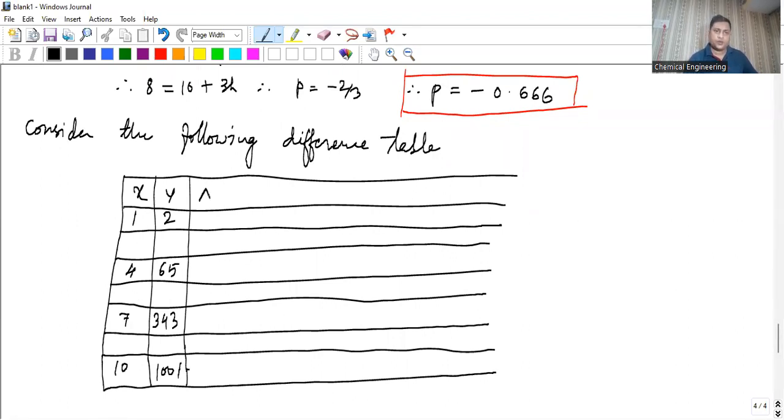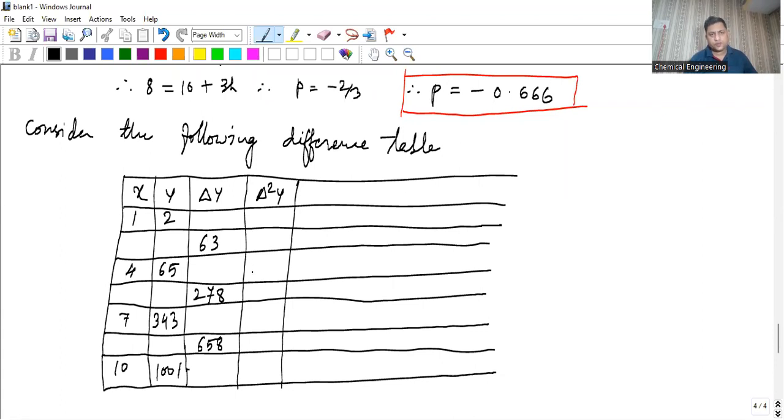Okay. So we consider the first difference. What is the first difference here? Is it 63? What is the difference here? Calculate this difference. 278. What is this difference? 658. Okay. And we have to consider the second order difference.